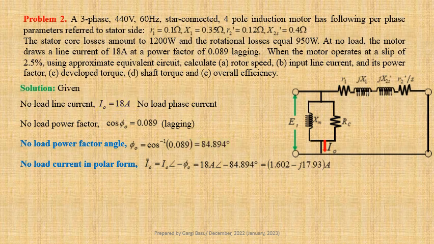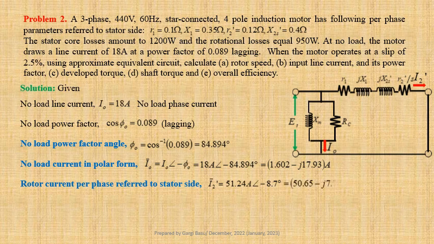We have determined rotor current per phase referred to stator side I2' equals 51.24 ampere at an angle minus 8.7 degree. This may be written in Cartesian form as 50.65 minus j 7.75 ampere.